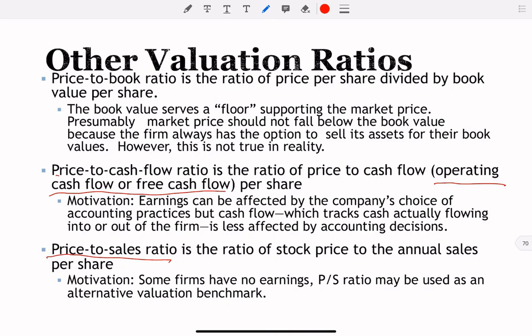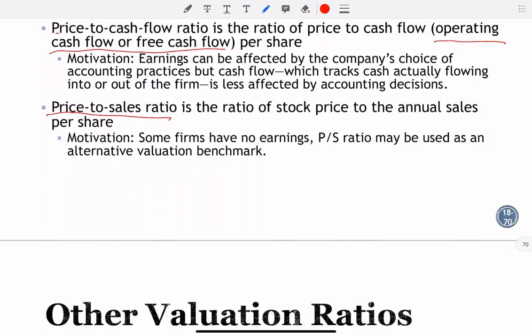This is actually quite useful because for a lot of early stage high growth firms, in the first several years or even in the first 10 years, these high growth firms would just burn money, right? They would never earn any profit. In this case, using PS ratio would give you a certain valuation metric to think about the value of this high growth firm.